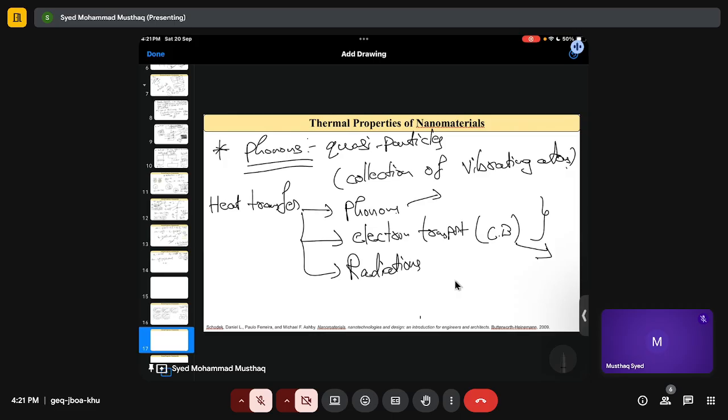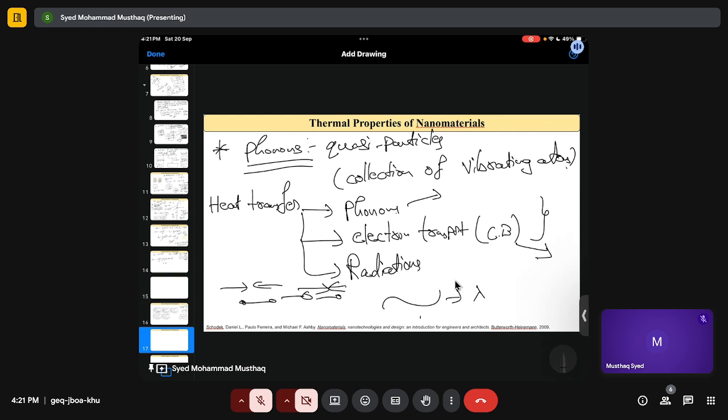And the transmission by thermal vibration involves the vibration of atoms, and these atoms will vibrate in such a way that you will find a wave-like motion. So these atoms will start vibrating here and there, and this will look like a wave of a certain wavelength.